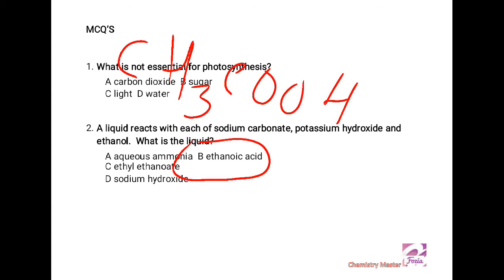It quickly reacts with potassium hydroxide to give potassium acetate, and it reacts with ethanol to give ethyl acetate or ethyl ethanoate as an ester, a fruity smell compound, and it also reacts with sodium carbonate to give sodium acetate and carbon dioxide. So this is how we try to select the correct answer, that is ethanoic acid.